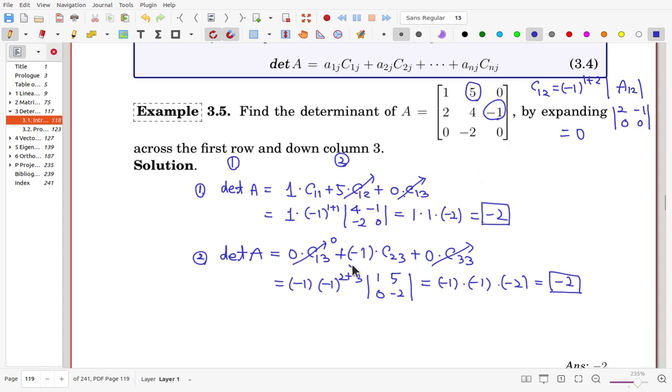Practically, you may ignore these two terms, so you can get the determinant more easily. And also, if you use the third row, then you can also get the determinant quite easily. You have to consider only this single term, which is more effective, and you can get it more quickly. Okay.